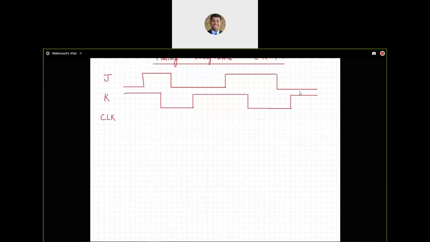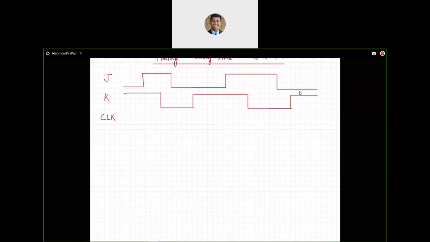Now, just to make sure, between J and K, I have four possibilities. So my goal is to see whether I am looking at those four possibilities or not. So over here, to begin with, K is 1, J is 0. In the middle over here, K is 0, J is 1. For a little bit of time, they are both 0, and for a little bit of time, they are both 1. So I'm looking at all possibilities. That's good. And then I can consider an arbitrary clock which goes from low to high at a particular speed.